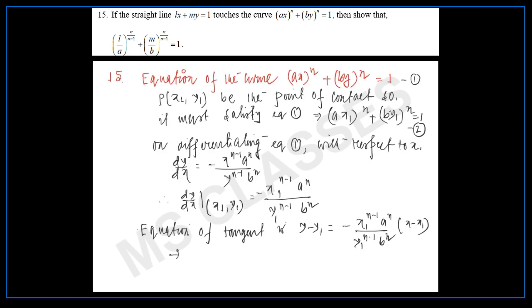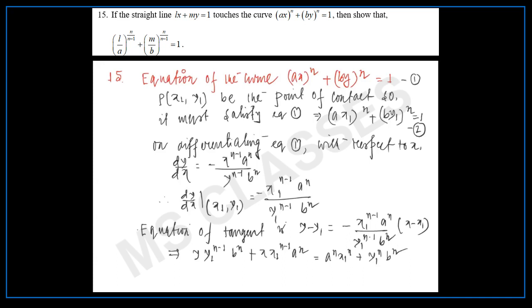So we cross multiply: y1 to the power of n minus 1 into b to the power of n plus x1 to the power of n minus 1 a to the power of n equal to a to the power of n x1 to the power of n plus y1 to the power of n b to the power of n.